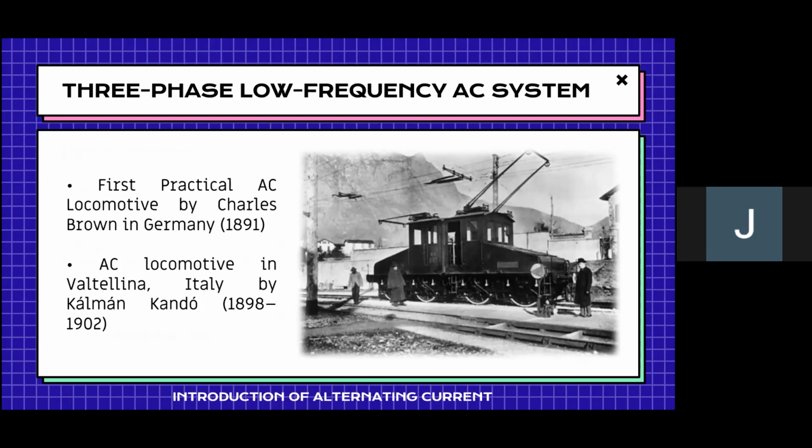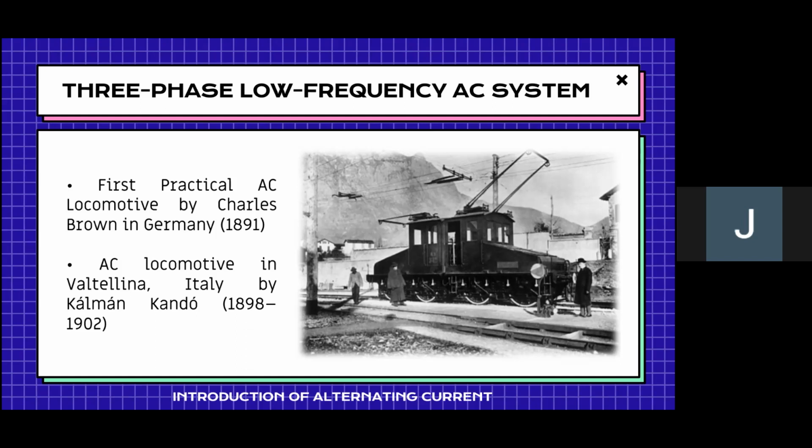Three-phase low-frequency AC system. Itong three-phase naman is nagkaroon ng unang practical AC locomotive na ginawa ni Charles Brown in Germany noong 1891. And isang Hungarian engineer naman ay gumawa rin ng isang AC locomotive sa Valentina, Italy noong 1899 at 1902.